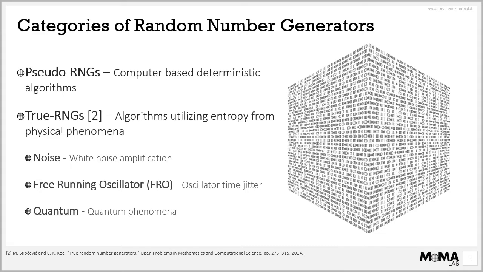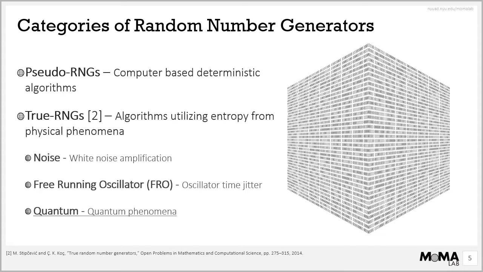To briefly describe each category, noise-based RNGs depend on white noise amplification to generate random numbers. FRO RNGs utilize the timing jitter of their oscillators to produce an output, while quantum random number generators exploit quantum effects of the environment to generate the stream of random bits.